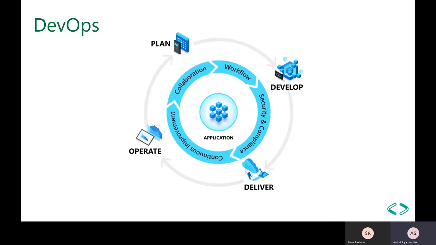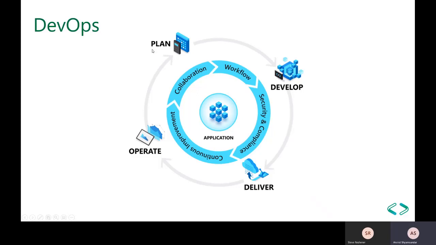So operate is a very, very big bucket of activities and tasks. And perhaps that is a topic on its own, where you're looking at security, you're looking at monitoring, you're looking at lots of other aspects of running a database in production. And then this cycle continues to repeat.